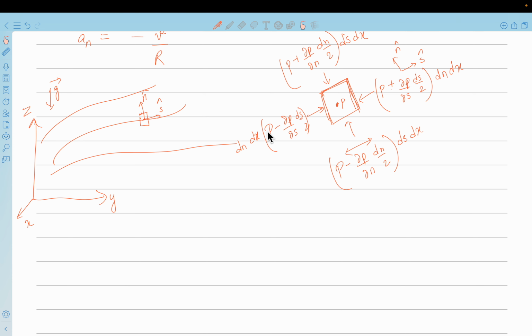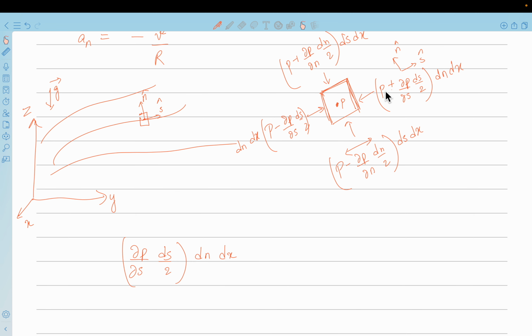The P and this P just cancel out, and this dou P by dou s ds by 2, minus into minus becomes plus, dou P by dou s into ds by 2. So half and half, we have just added it. What we get at the end is dou P by dou s into ds by 2, multiplied to dn and dx.